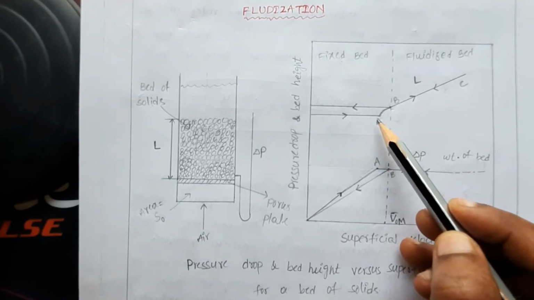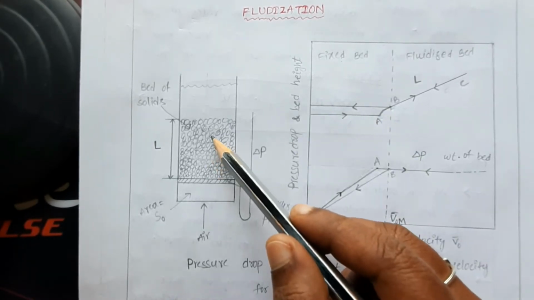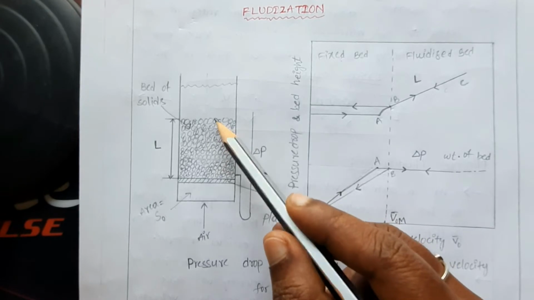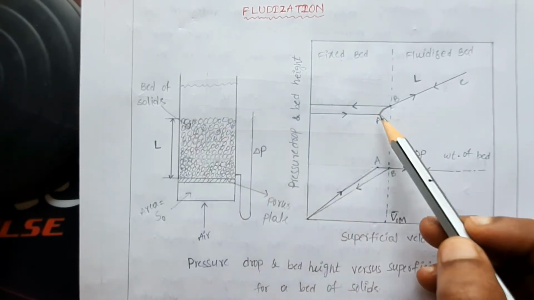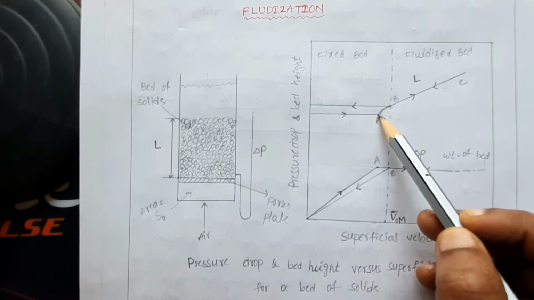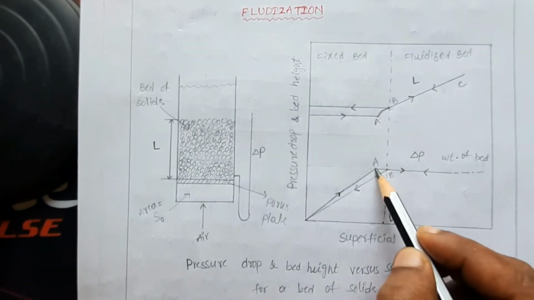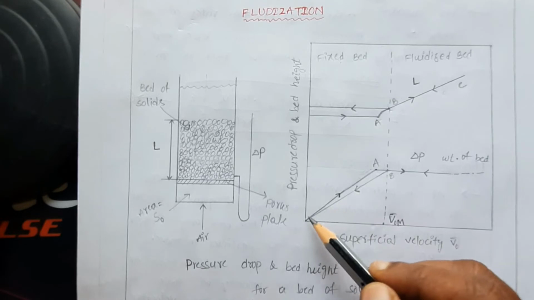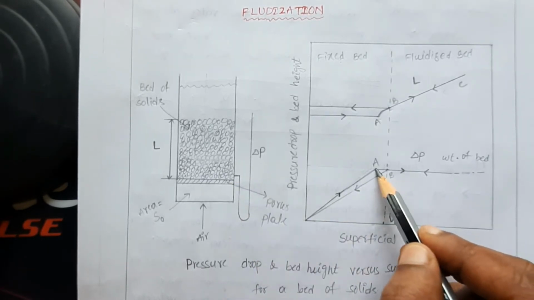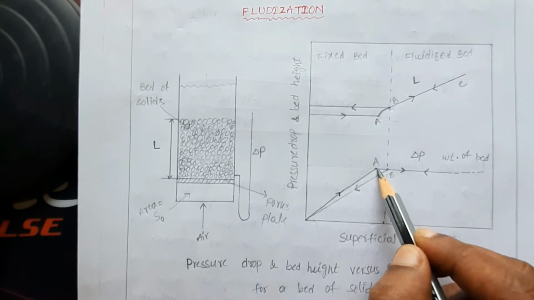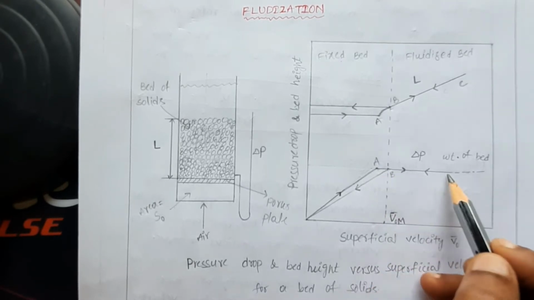The disturbance coming over the particles, some jerk will be there, so there is a little bit of variation in the position, and that is given by this variation. If we reach this point, the pressure drop across the bed will be constant. From this point onwards, the pressure drop will be constant in this graph, right?